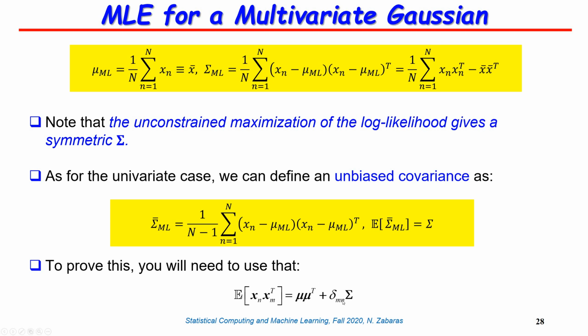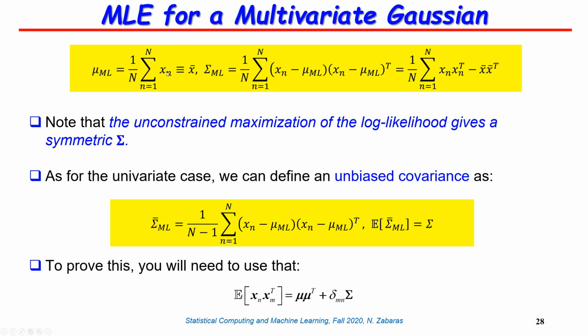And if m and n are the same, the second moment, E of x x transpose, becomes mu mu transpose plus sigma, because you remember the covariance is the second moment minus the expectation times the expectation transpose. We're working with vectors here, so this is an analog expression to say that the variance in the univariate case is the expectation of x squared minus the mean squared. Okay, this is written for the multivariate case.